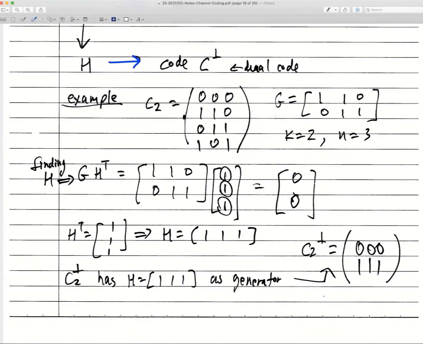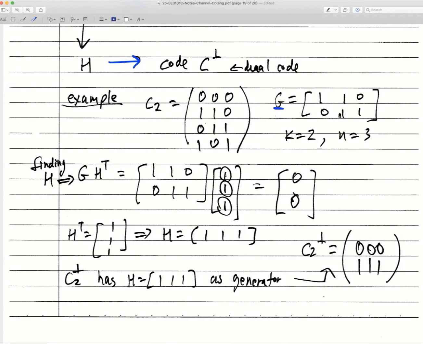This was the same code that we talked about before, where we are just adding a parity check. One way to think of this code is that you add a parity check bit. Another way to think of this code is through this generator matrix. Notice that this generator matrix does not have an identity here.